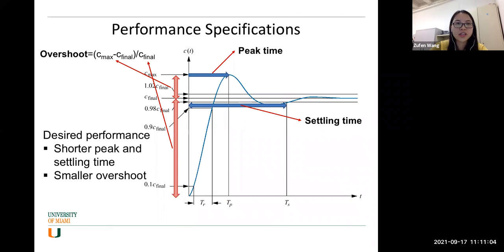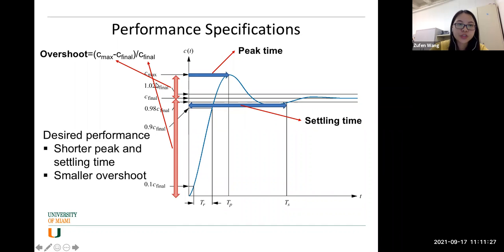Here, to evaluate the control performance, we have three performance specifications. The first, the peak time, is the time for the response to reach its maximum value for the first time, and the settling time is the time for the response to reach within 2% of its final steady state value.